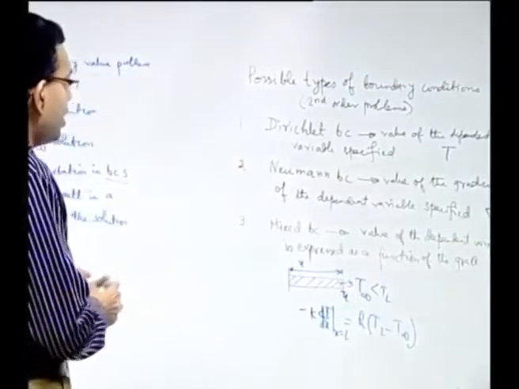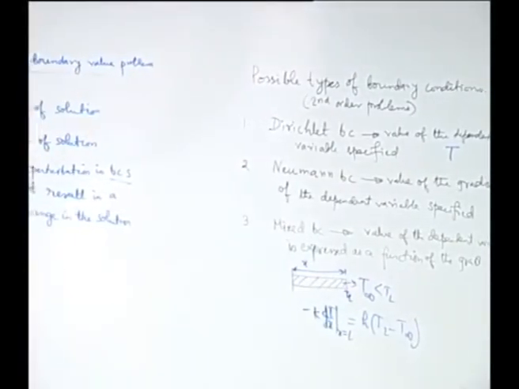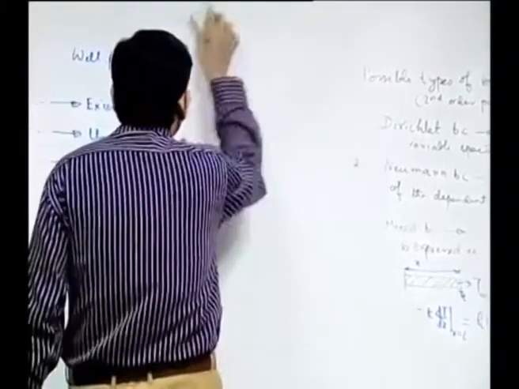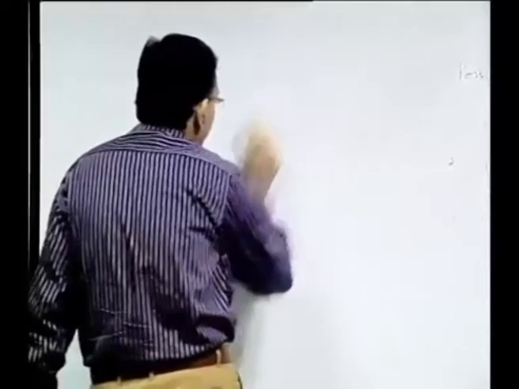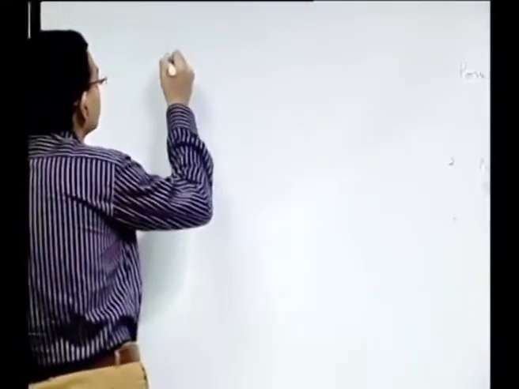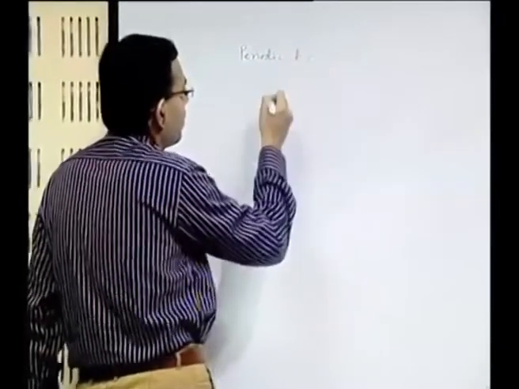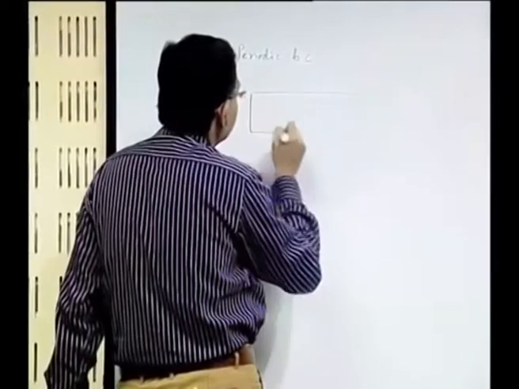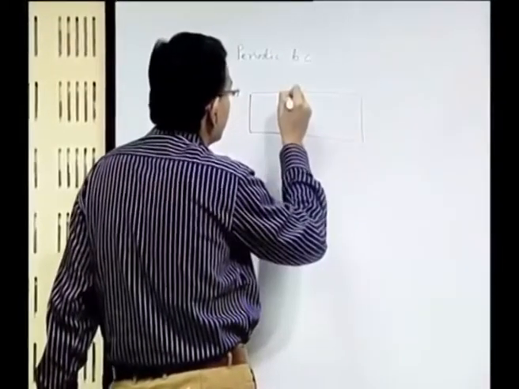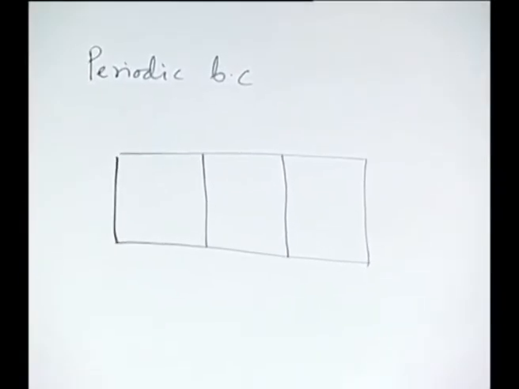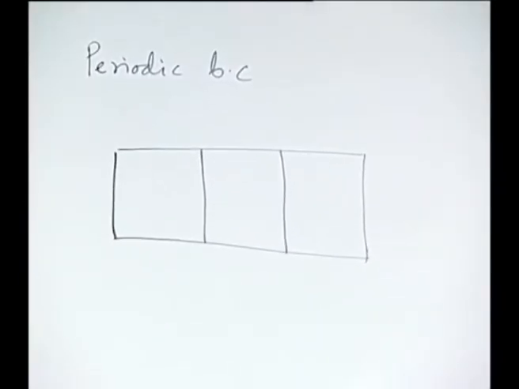There is another type of boundary condition which we commonly come across in numerical solution of equations, that is called the periodic boundary condition. So if you have a domain where the physics of the problem is such that the solution is periodically repeated.